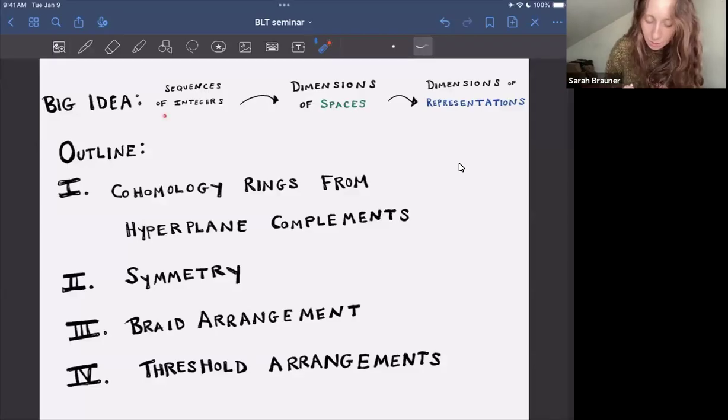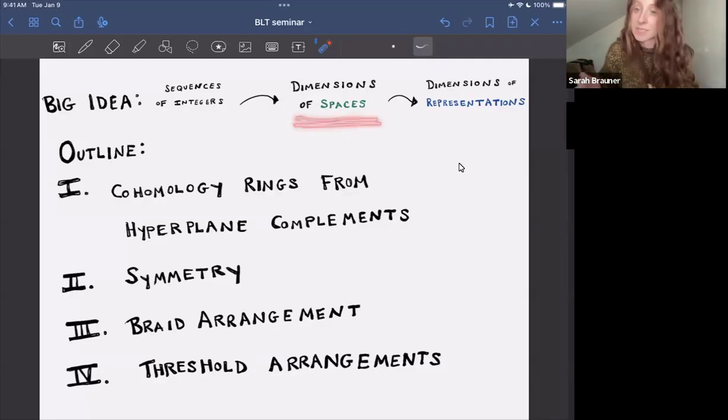Sometimes the reason these integer sequences are interesting is that they're counting the dimensions of spaces that are in and of themselves interesting. We can go even further and think of those spaces as having symmetries, so these integers are actually counting dimensions of representations on interesting spaces. That's the overall philosophy that I hope to demonstrate today.